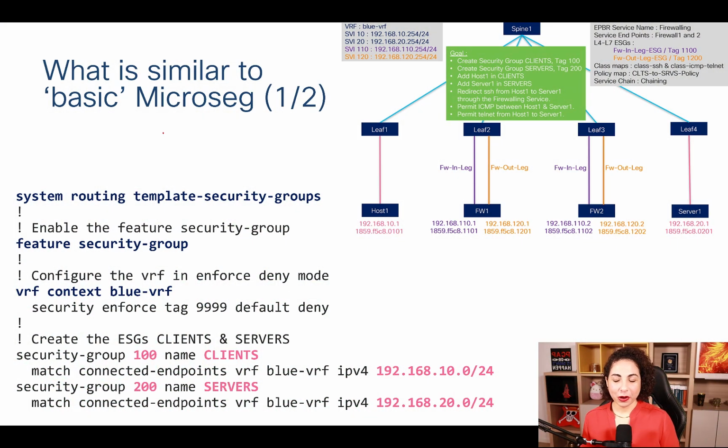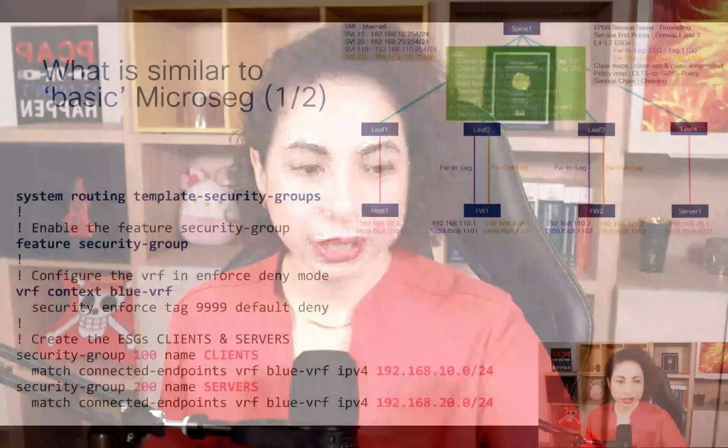Very quick overview of the way that I decided to break down the different steps of the configuration. First, I put what is similar to, quote-unquote, basic microsegmentation. What I mean by this is that I'm actually referring to the first two videos of the playlist. Because in those two videos, if you have checked them or if you remember, what we did was simply putting some hosts and servers inside specific ESGs and permitting or denying traffic between those ESGs.